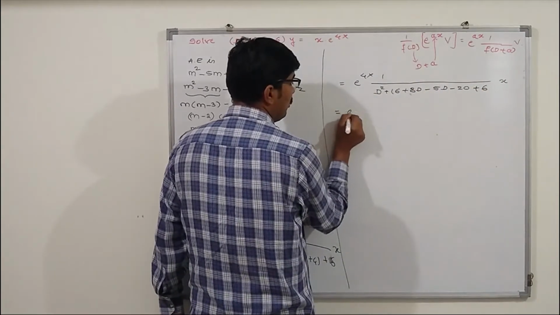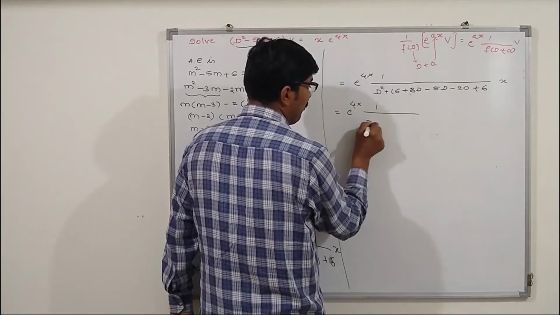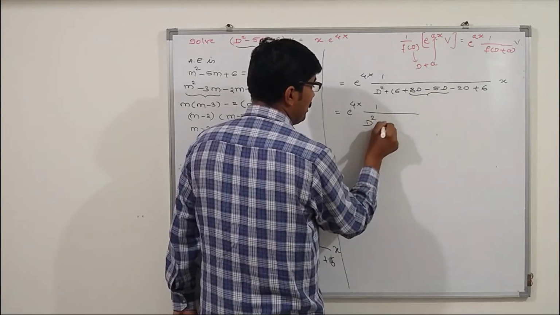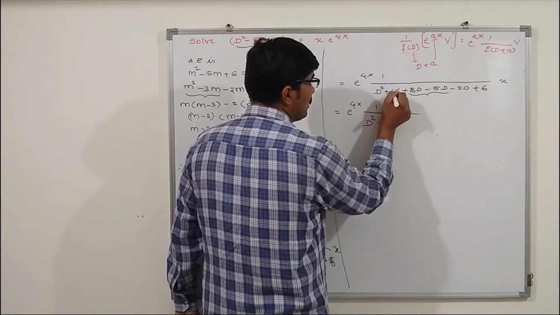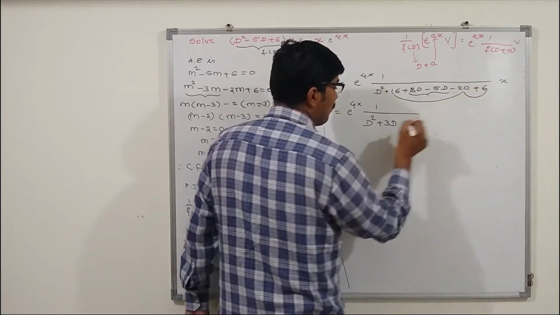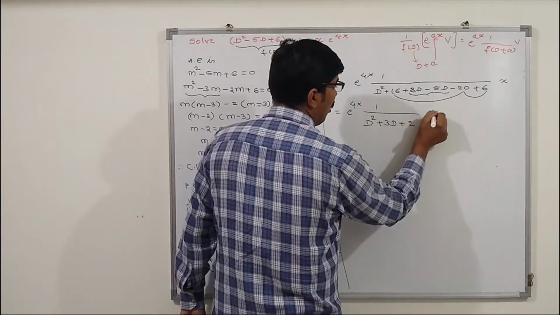This is equal to e raised to 4x, 1 divided by, if you simplify, D square plus 3D, since 8D minus 5D is plus 3D. 16 minus 20 is minus 4, and minus 4 plus 6 is plus 2, of x.